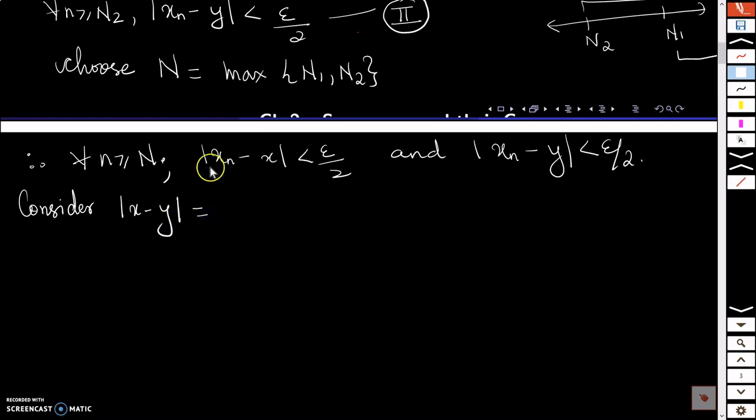So what I can do now, I already have estimates of xn minus x and xn minus y, and I have x and y with me here. So what can I do to get xn minus x and xn minus y? I need two xn's, right? So I will add and subtract xn here in this way. This is already there, right? So I'm adding xn and I'm subtracting xn, so it remains the same, right?